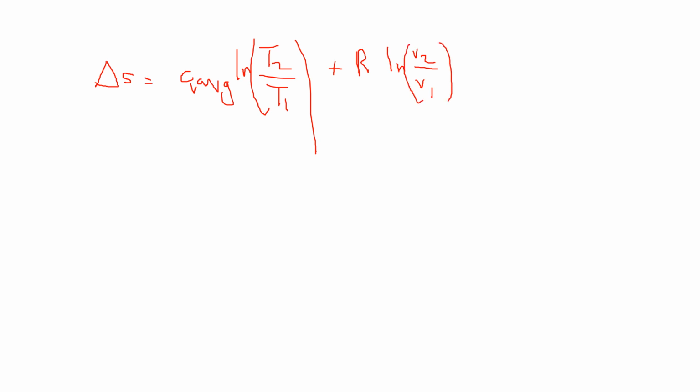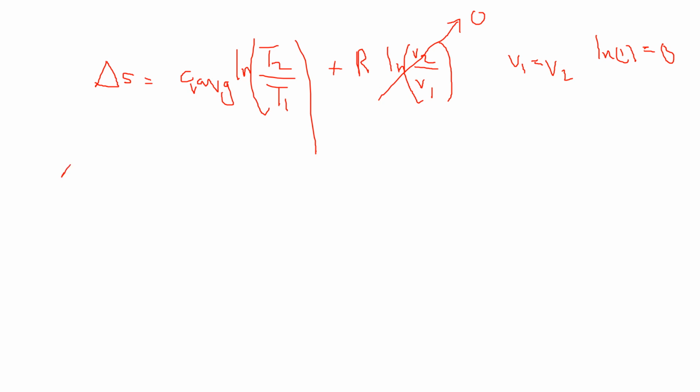But we know that this part is 0. Why? Because V2 equals V1, right? And ln of 1 equals 0. So this part is 0.